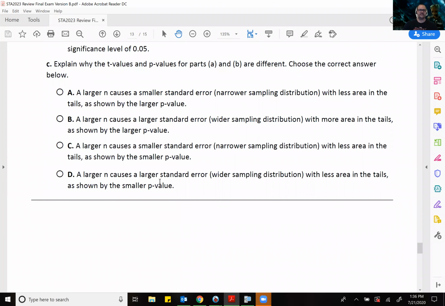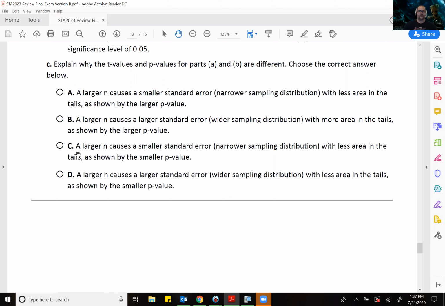So when we look at this, a large n causes a smaller standard error, narrowing the sampling distribution with less area in the tails, and shows a larger, well, obviously it's not a larger p-value. Again, a larger n causes a larger standard error with more area under the tail? That's not true, because that was less area under the tails.